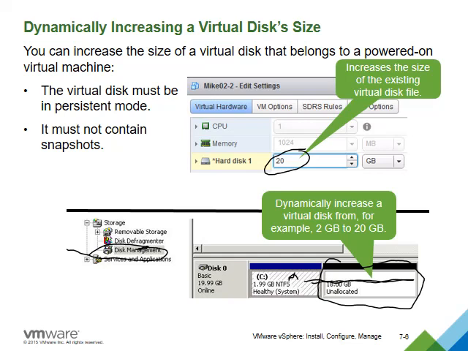This is showing it looks like 2003, so we would have to shut down or use a third-party utility to use this extra 18 gig. But in 2008 and above, we just right-click right here and hit Extend or Expand, and it'll just make this whole drive 20 gig.